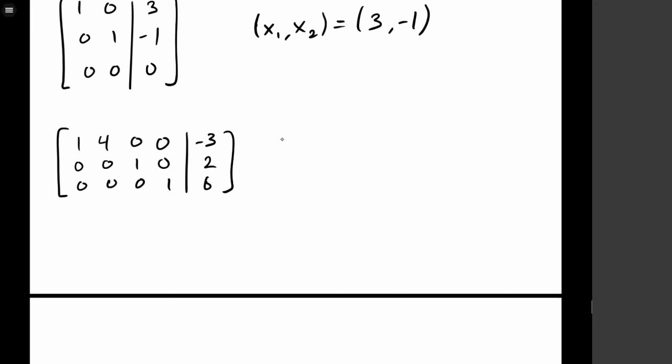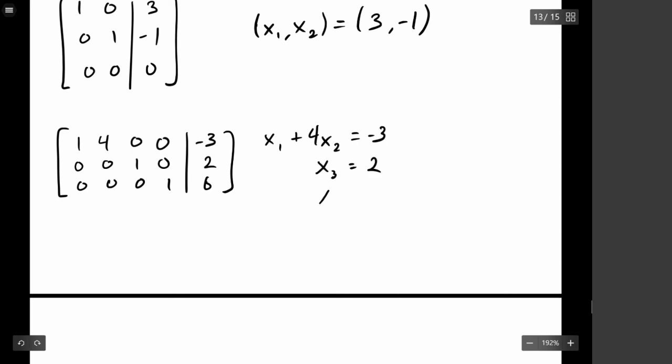This one gives us x1 plus 4x2 equals -3, x3 equals 2, x4 equals 6. So notice here, we know x4 and we know x3, but x1 and x2 are kind of stuck together. Again, this is an example of infinitely many solutions.